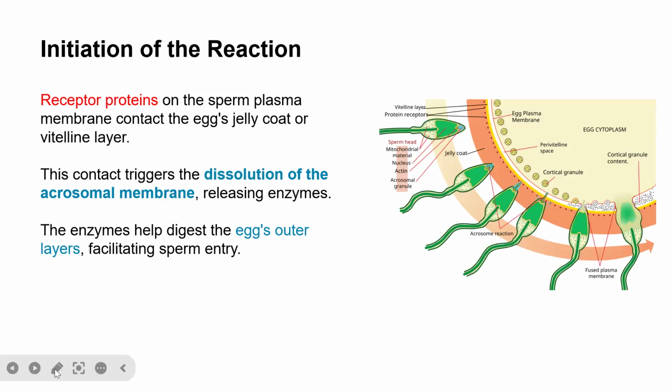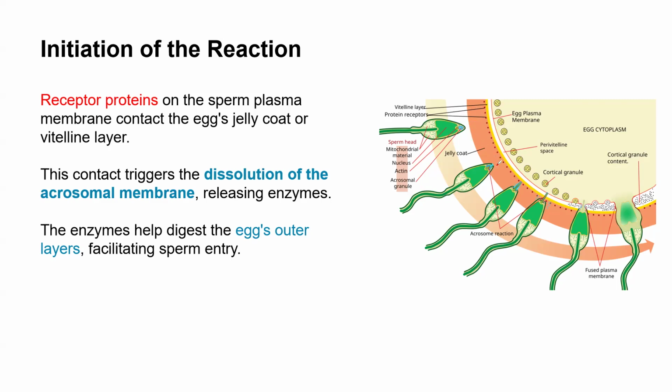And as we can see, this is what actually happened. These are the different sperms here that we have. As you can see, this is the sperm. And of course, there are protein receptors on the sperm, and these protein receptors bind to, as you can see, the jelly of the egg.